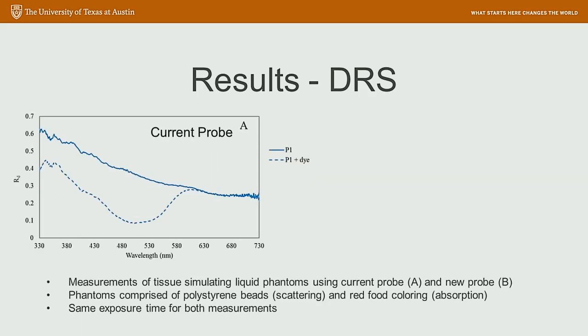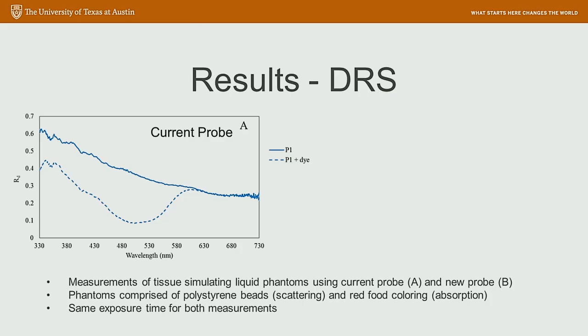We also took measurements on tissue simulating liquid phantoms. These phantoms comprised polystyrene beads to provide optical scattering, as well as red food coloring for absorption. So we took measurements on 3 sets of phantoms. This first set, you can see here, this solid blue line is the phantom with just optical scatterers only, no absorption. And then this dashed line is the same phantom, but with this red food coloring added for absorption.